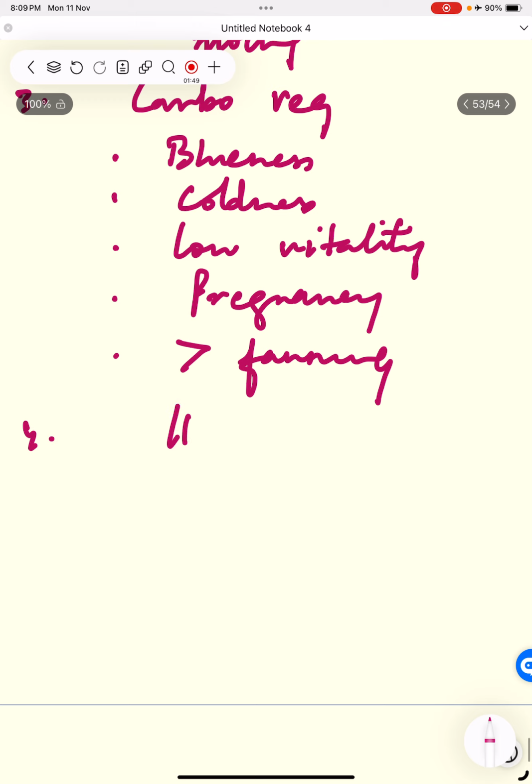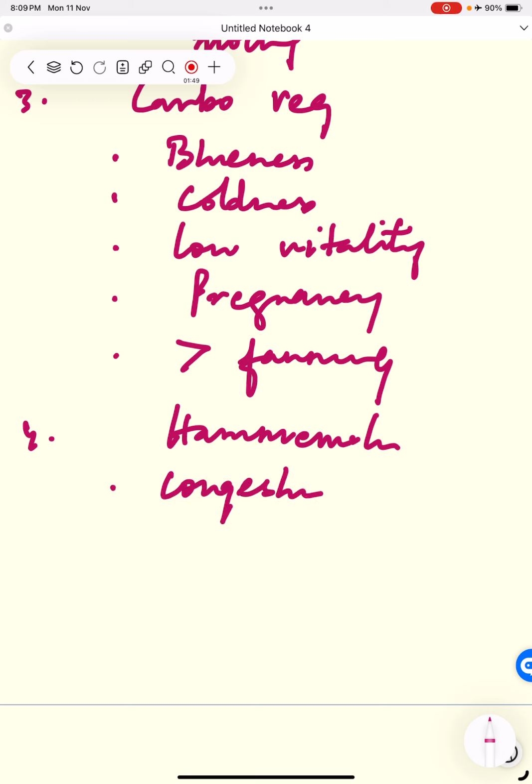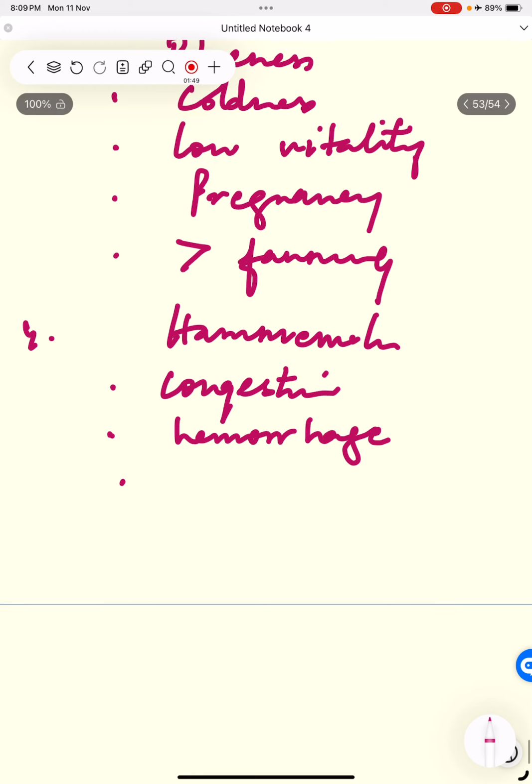Another remedy that has to be considered is Hamamelis, where there is congestion, pooling or stasis of the blood, along with hemorrhage. And if the patient also has associated hemorrhoids, then you can definitely think of this remedy.